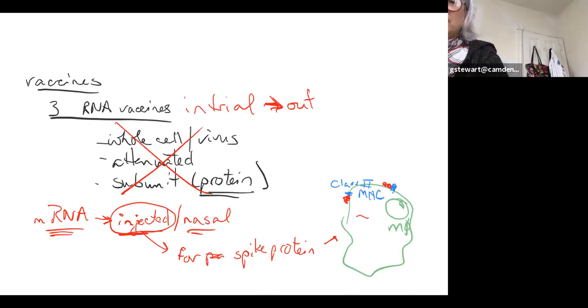So a B cell could, in theory, let's draw a B cell here, right? A B cell could recognize this protein and be triggered to form plasma cells, but most likely it's going to be this mechanism. A B cell is going to bind to the spike protein presented by a macrophage, and we're going to get B cell clonal activation.